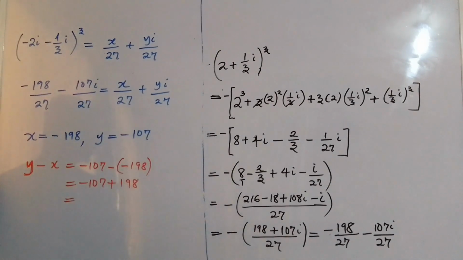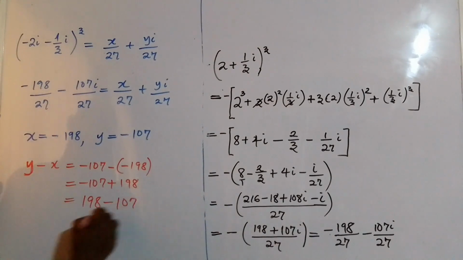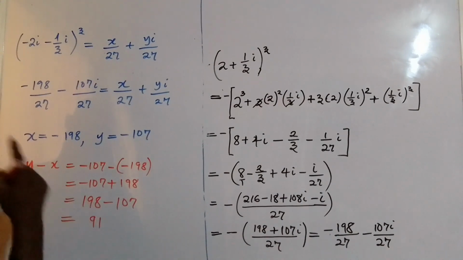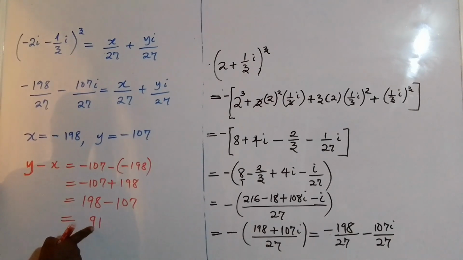This is the same thing as saying 198 minus 107. So the answer should be 91. Yes, because 8 minus 7 is 1, then 19 minus 10 is 9. Therefore, we can confidently say that y minus x is equal to 91.